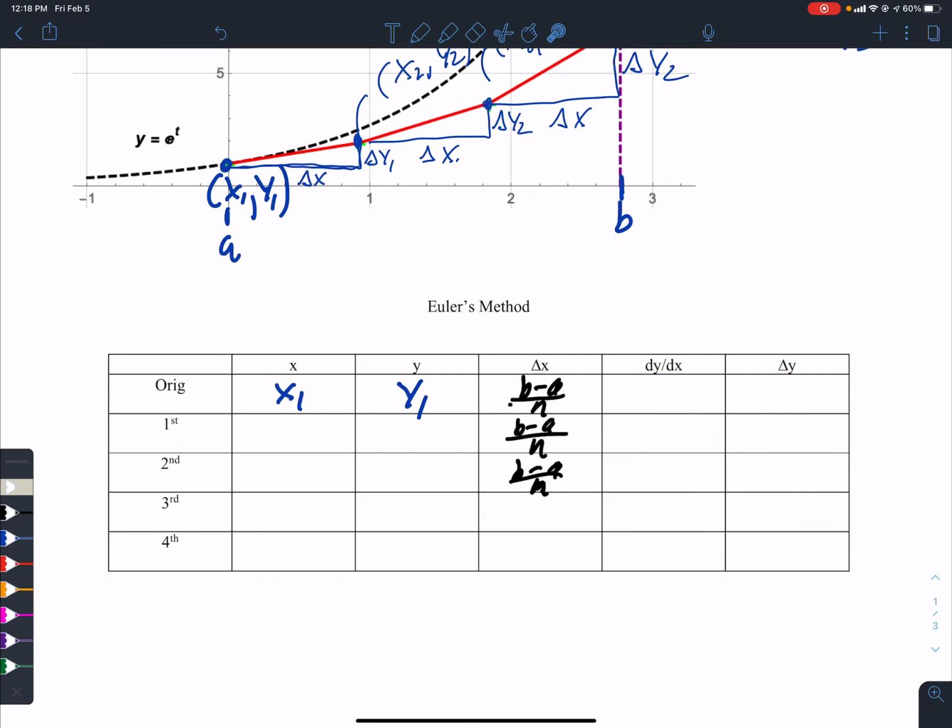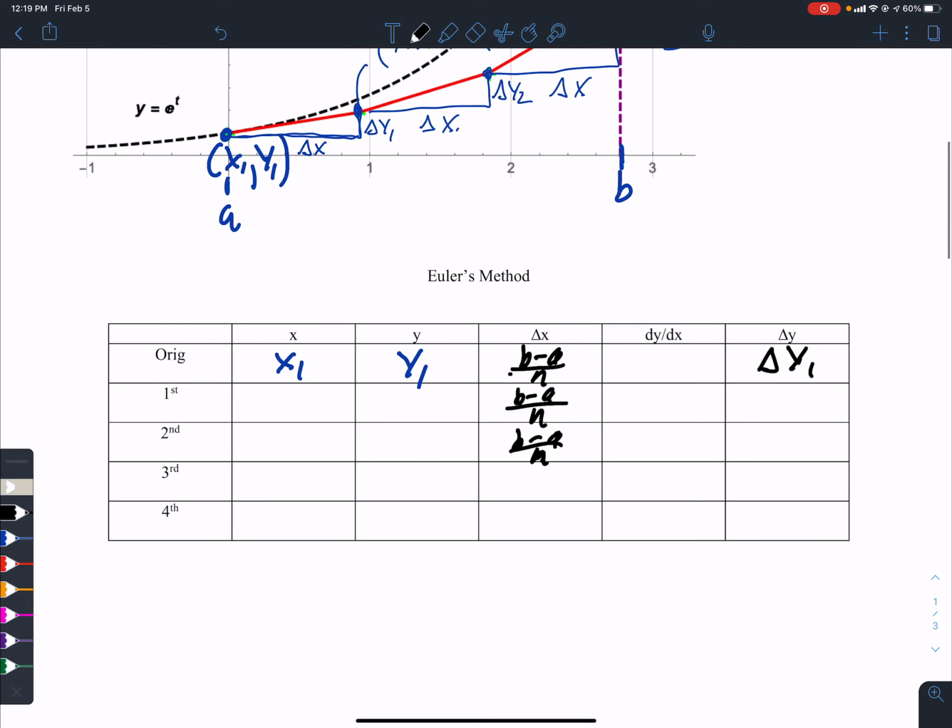Okay? So that is what's happening. So by multiplying, we will calculate a delta y1. So my new x2 here, I take my original x and I add my delta x, which I have here. And my new y, I take my original y, my y value here, and add the delta y.